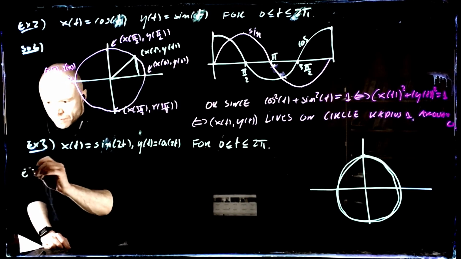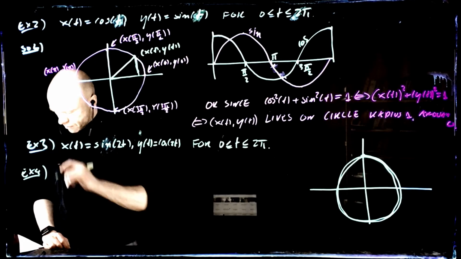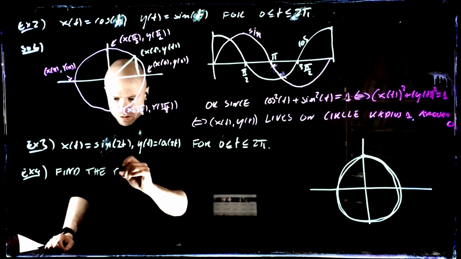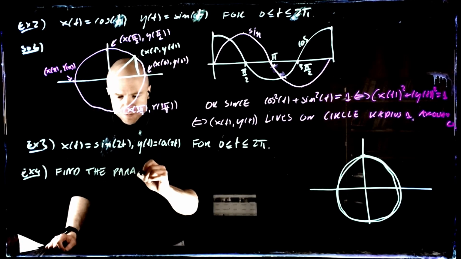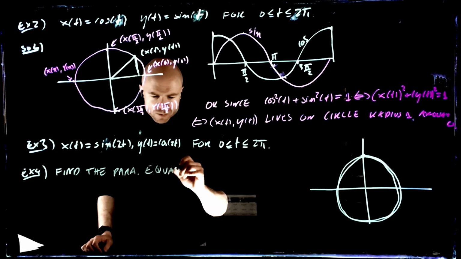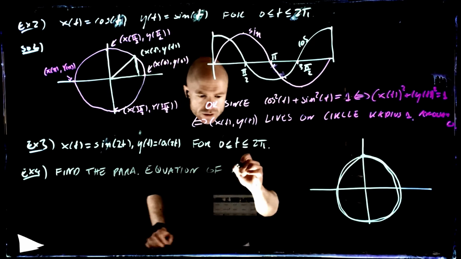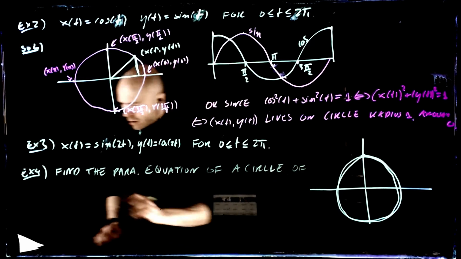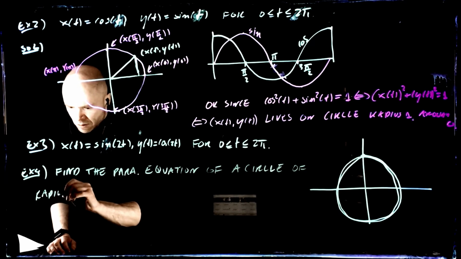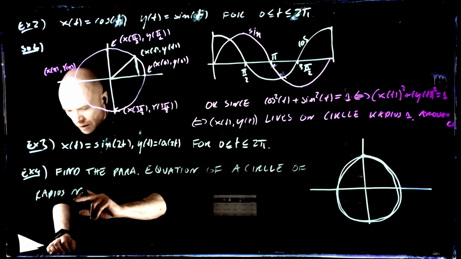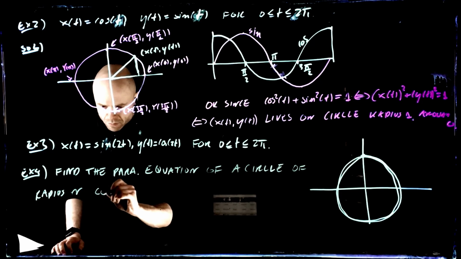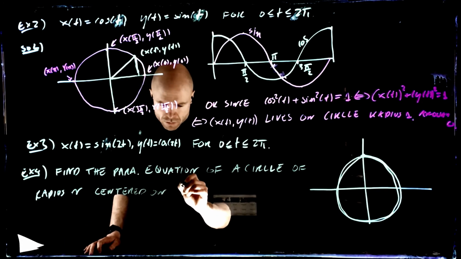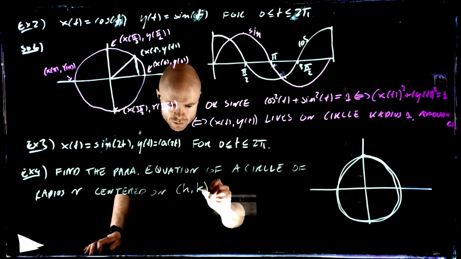Let's do this. This is example 4. Find the parametric equations, and parametric equations from now on are para equations, of a circle of radius r centered on (h, k).